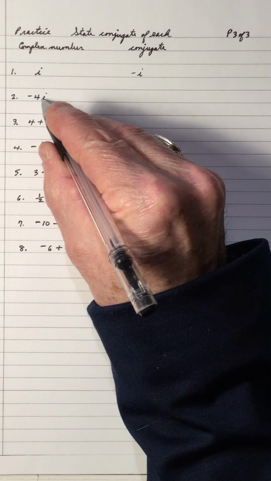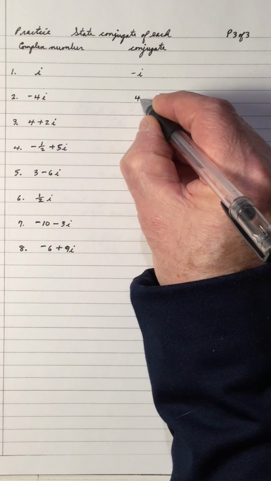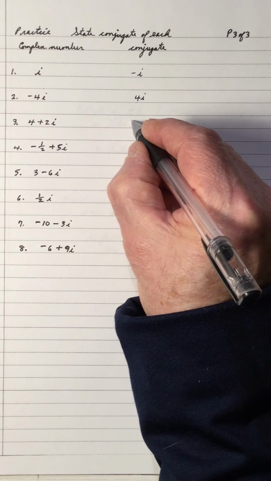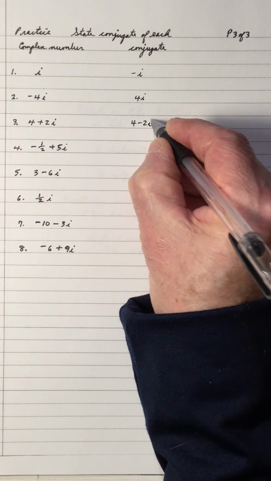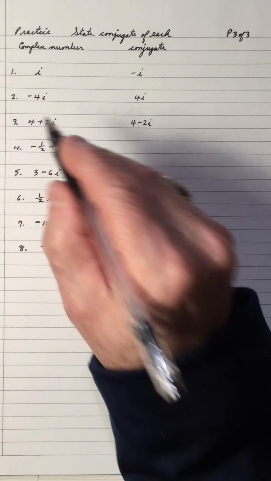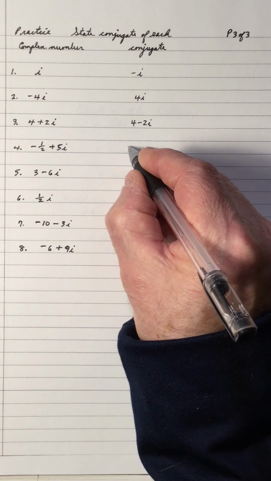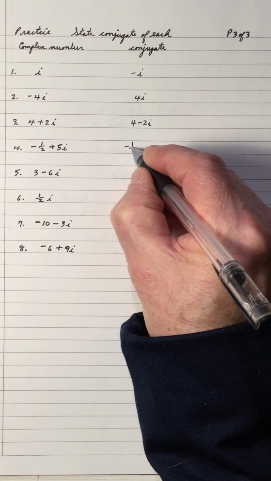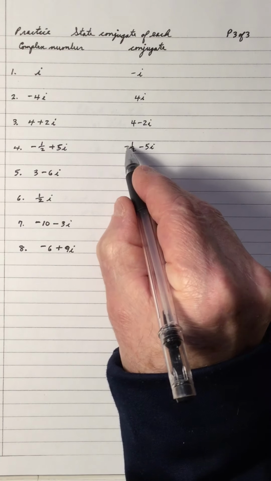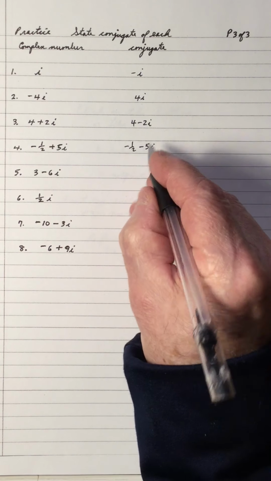The conjugate of negative 4i is positive 4i. The conjugate of 4 plus 2i is 4 minus 2i. Again, we change the second, not the first. 4 didn't change. And the conjugate of number 4, negative a half minus 5i, is negative a half plus 5i. You don't change the first one, you change the second one.